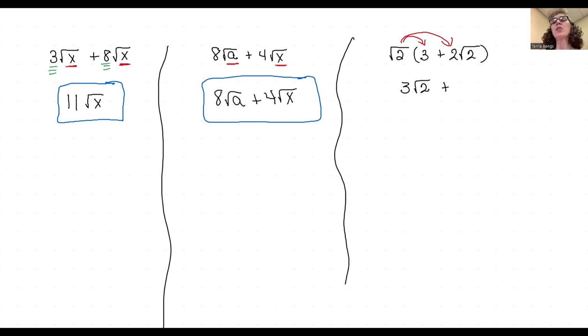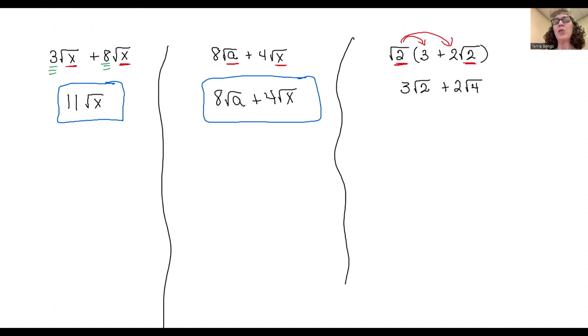The number outside the radical, we just have a 2, right? But the cool thing about this one is the radicals are the same, correct? See how those are the same? If our radicals are the same and we are multiplying, we're just going to multiply that. What's 2 times 2? That is 4. So we have 2 square root of 4.